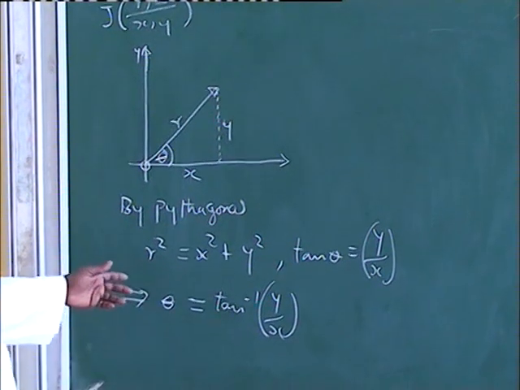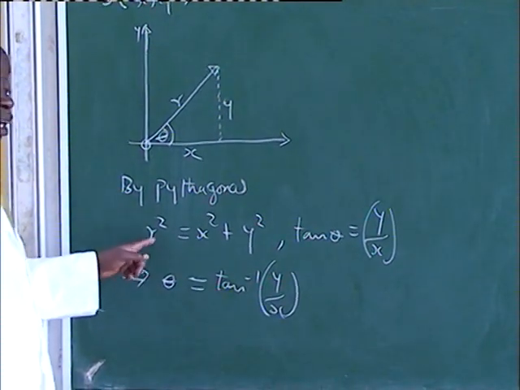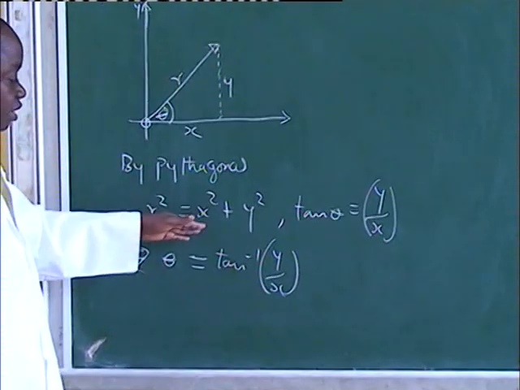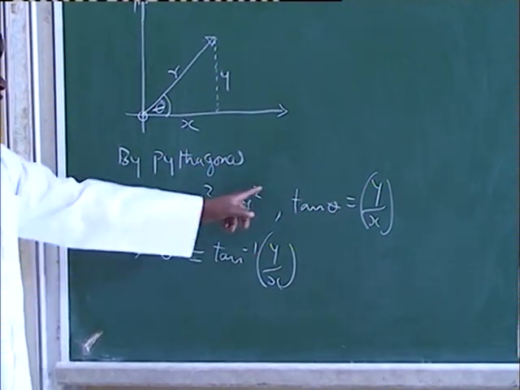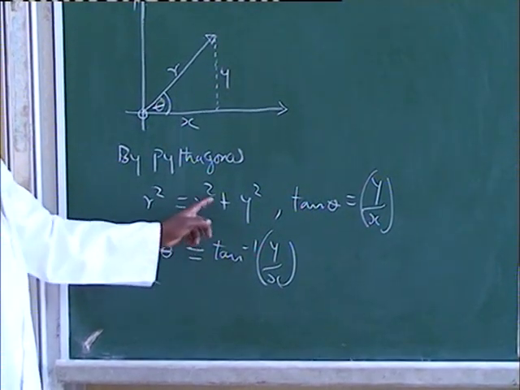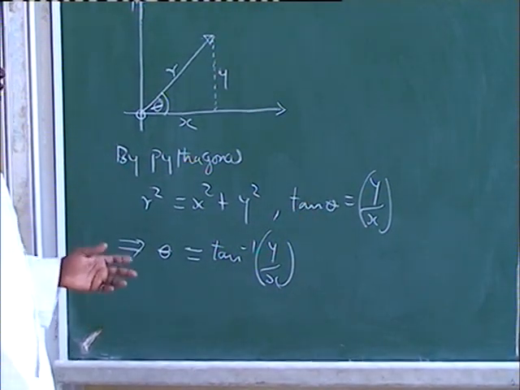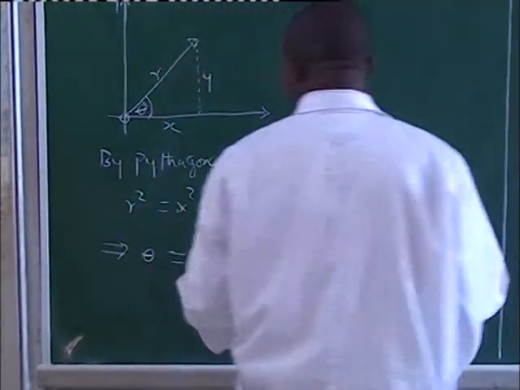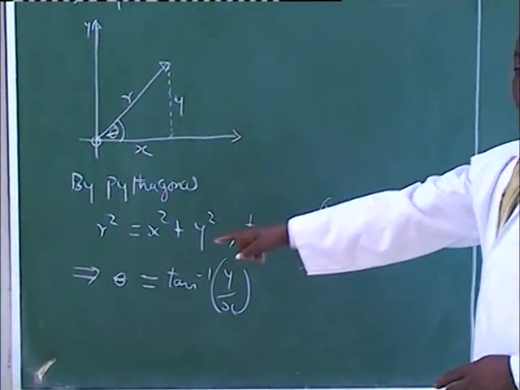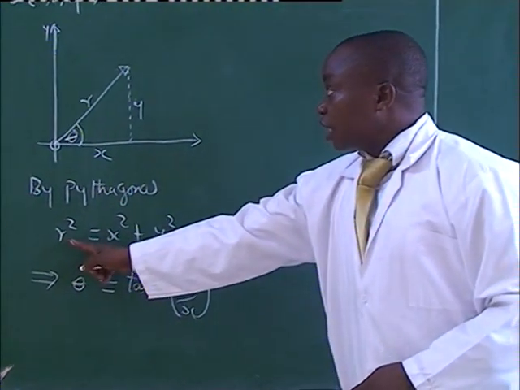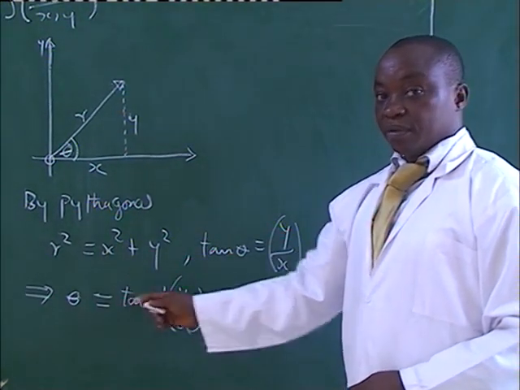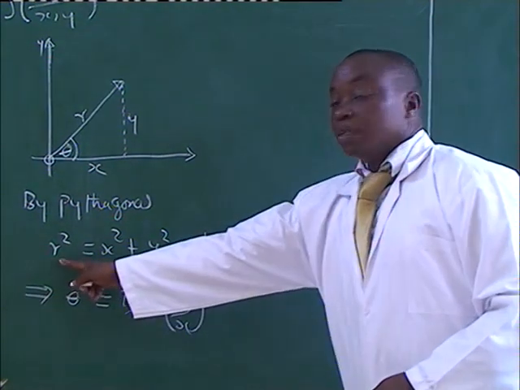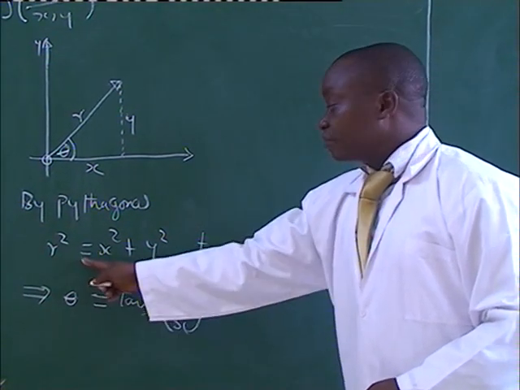Now here we see that r is a function of x and y. That means r itself is the square root of x squared plus y squared. With this we can then find partial r partial x and partial r partial y, by implicit differentiation.